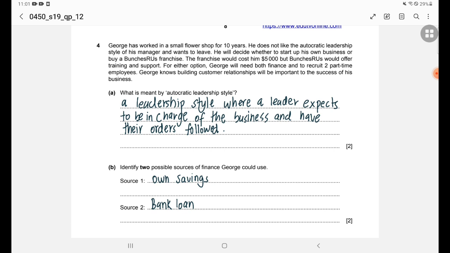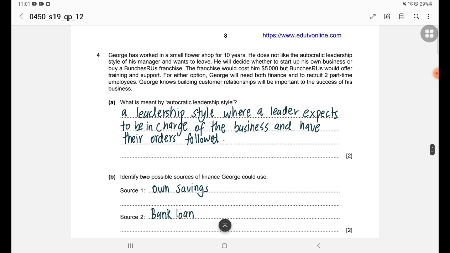The franchise would cost him $5,000, but Bunches Rose would offer training and support. For either option, George will need to both finance and recruit 2 part-time employees. George knows building customer relationship will be important to the success of this business. And now, again, we have so many information, and let's get to the questions.